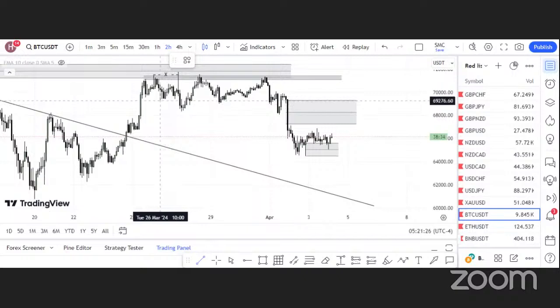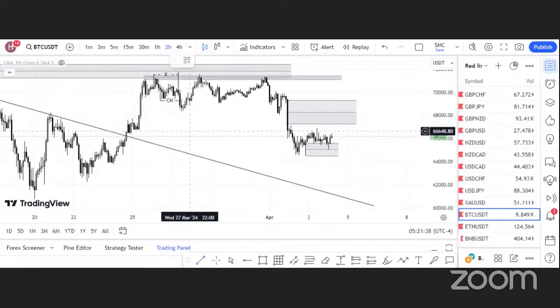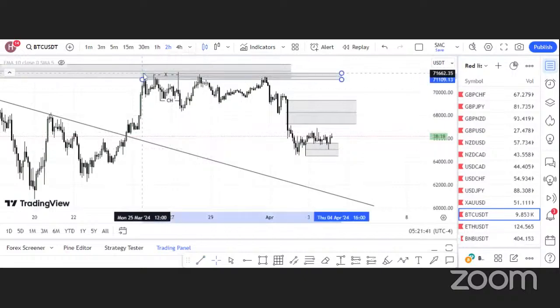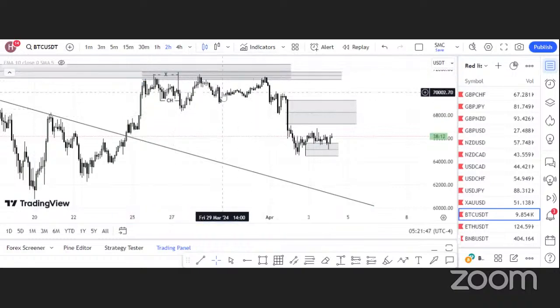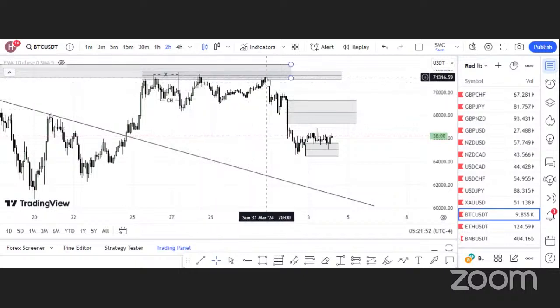Right, so let's bring that out. And then what happened? See, the market came back. All right, and that was how we got this first retest and second retest.